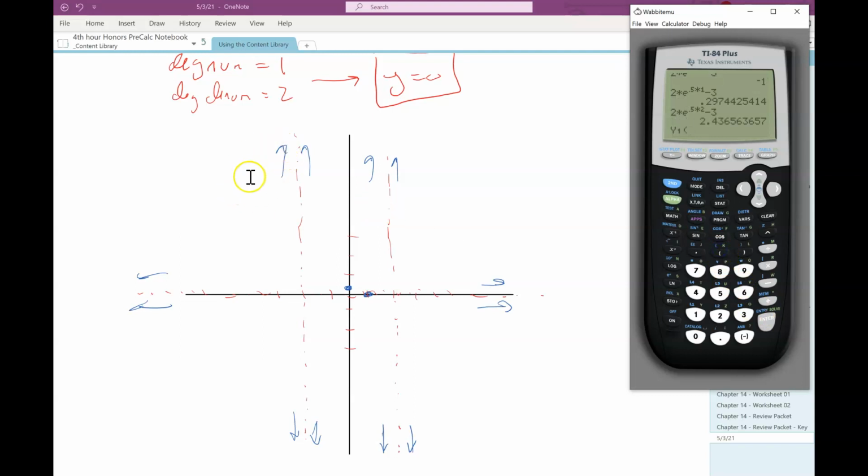So I'm going to pick something on this side of -2. So maybe -2.1. And I'm getting a negative number, so I'm somewhere down here. Everybody okay with that? And then I'm going to continue. I'm just going to check, okay, if I get a little bit closer, that should be getting even smaller. And it does, so I'm pretty positive that I have the right end behavior going on there.